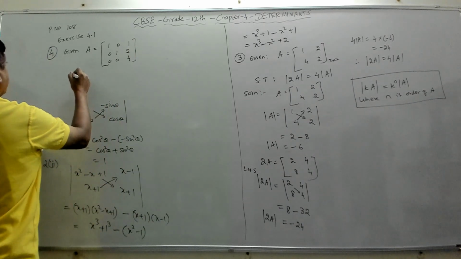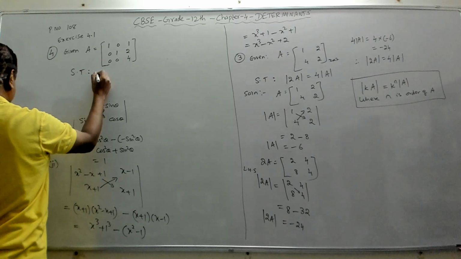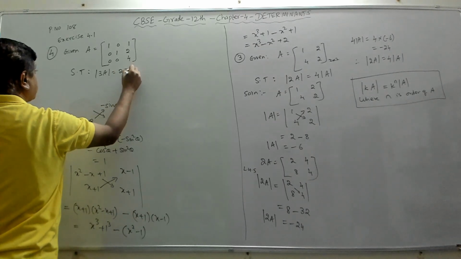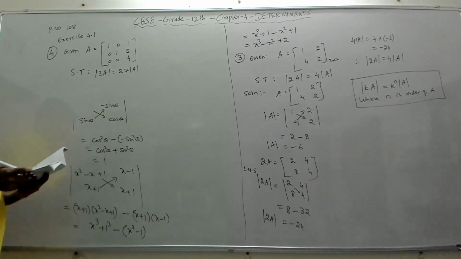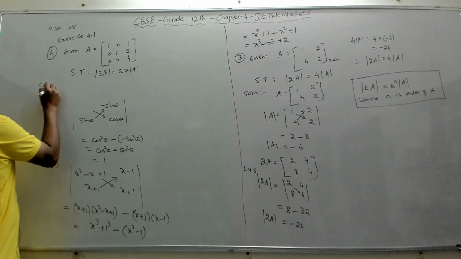Now we have to show that determinant of 3A is equal to 27 times determinant of A. So solution or proof, whatever.